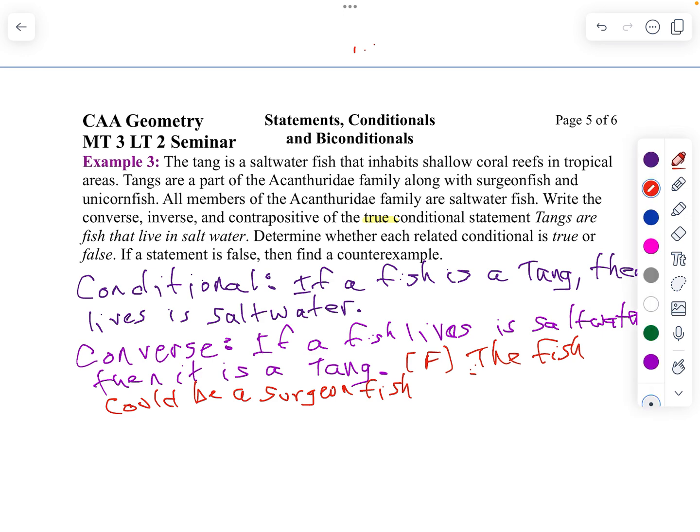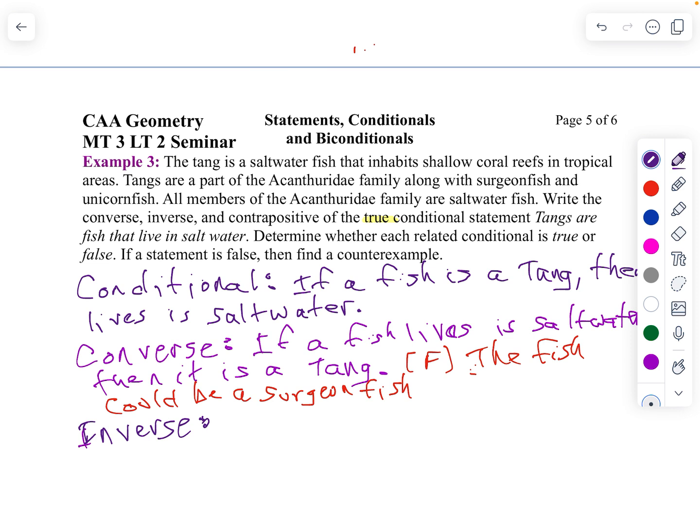Next, let's do the inverse. So on my inverse, I'm going to keep the same order. So I'm going to go back to my original condition. I'm going to put the not in each part, or if the not is there, I'm going to take it out.